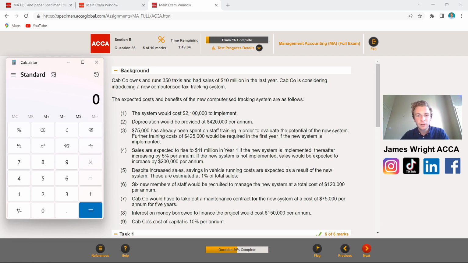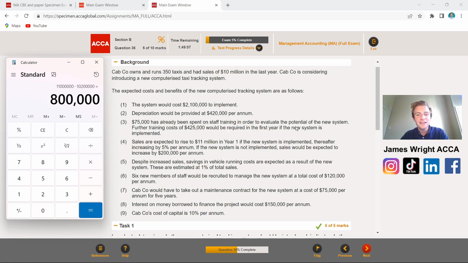And we were told in note 4 that sales would be expected to increase by $200,000 per annum. So in essence, we had $10 million plus 200,000 on there. So the incremental sales is going to be that 11 million minus our 10.2. Let's make sure we get the right number of zeros.